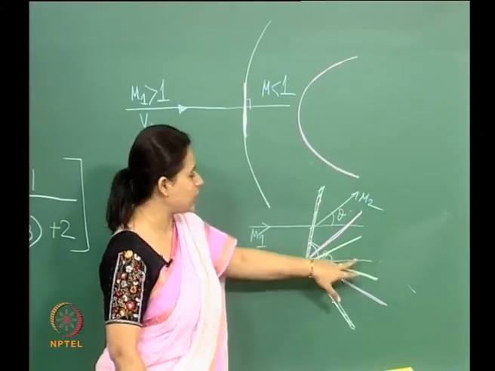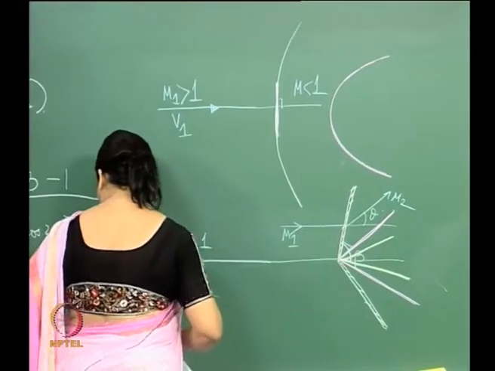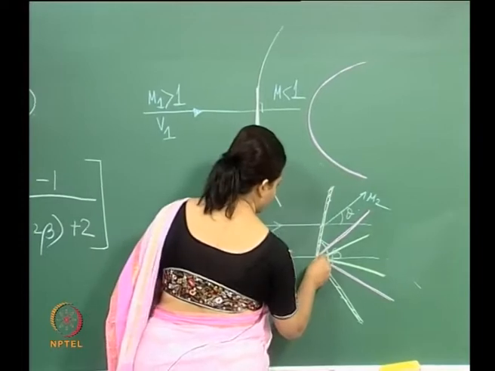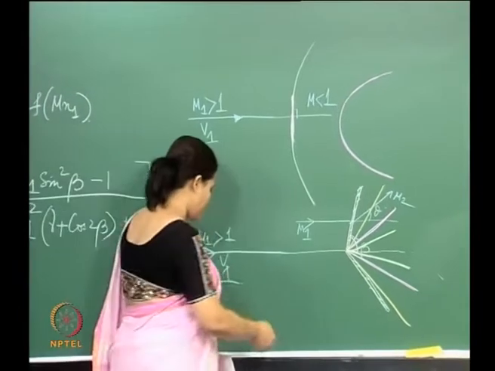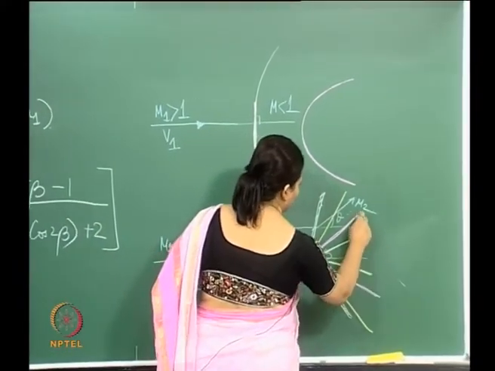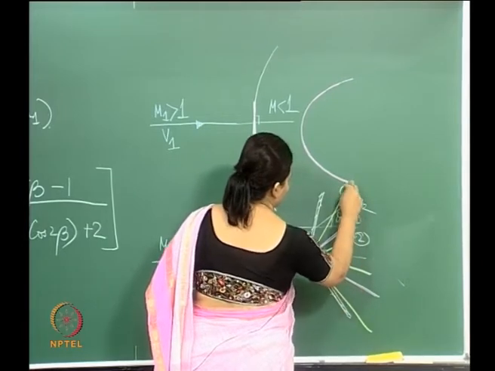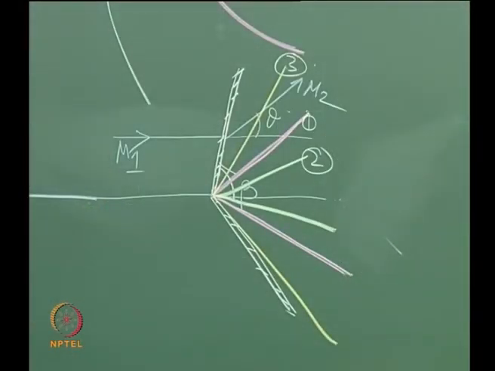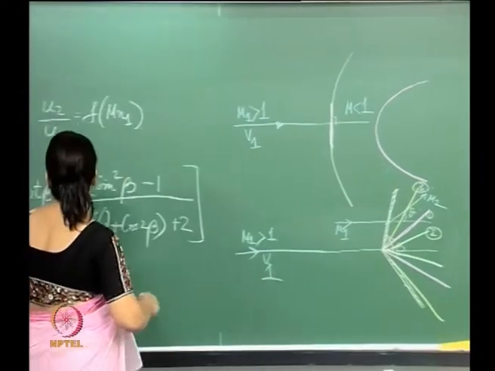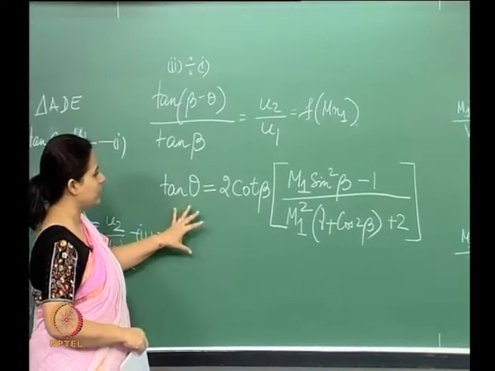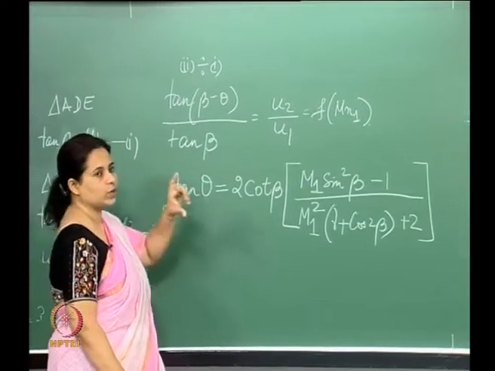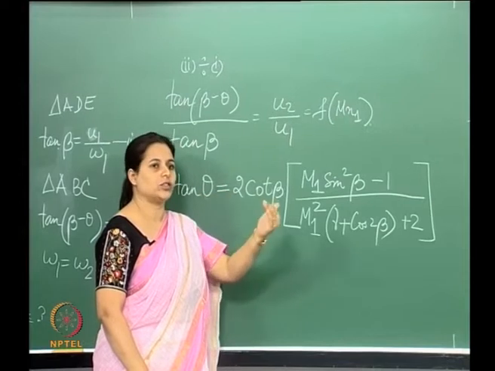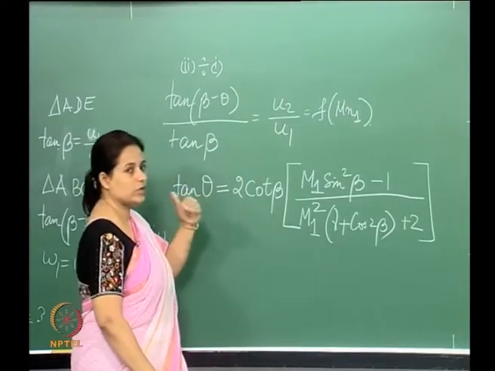So if I have a shock like this, or a shock like this, what I've drawn here is basically 3 cases. In these 3 cases, how is the geometry of the shock going to change, or is it going to change? Based on that, what we see is that theta is the angle with which the flow behind the shock is deflected because of the oblique shock.